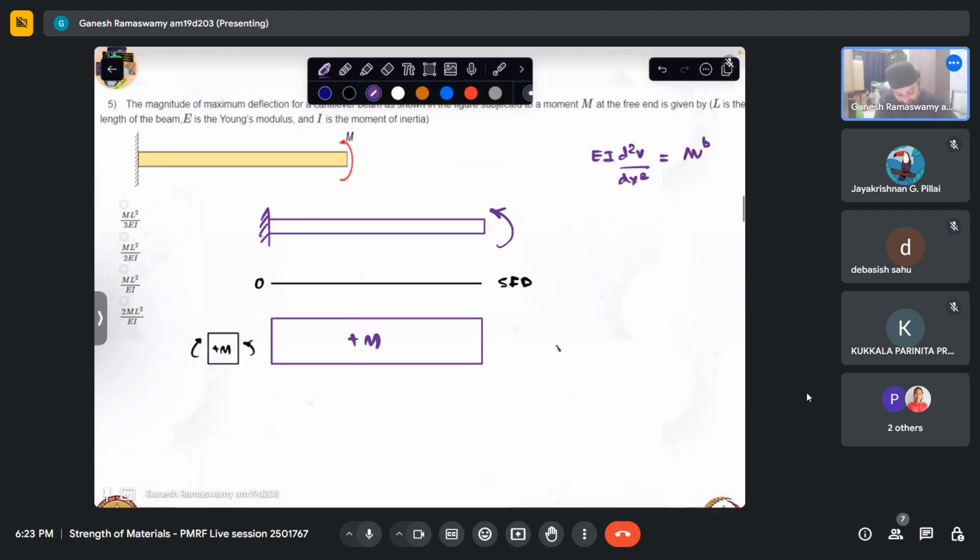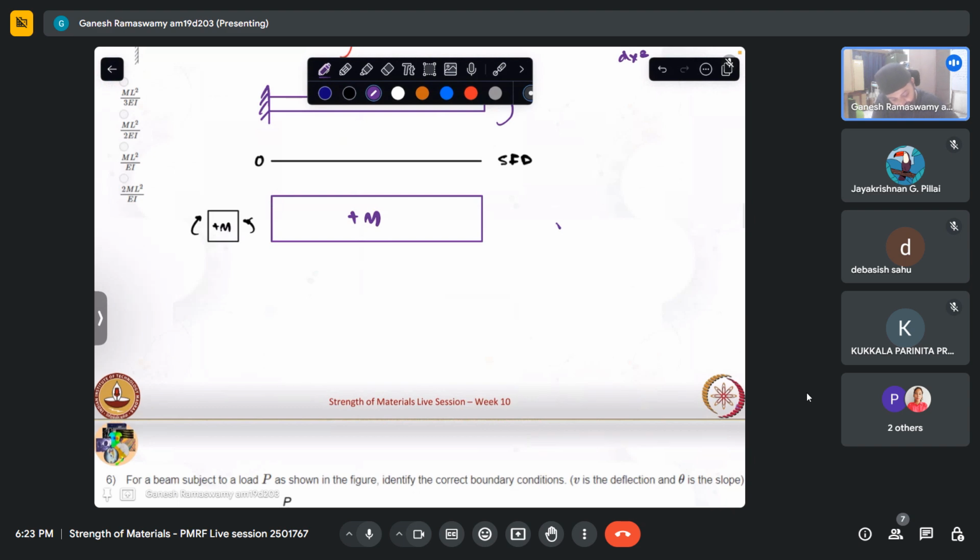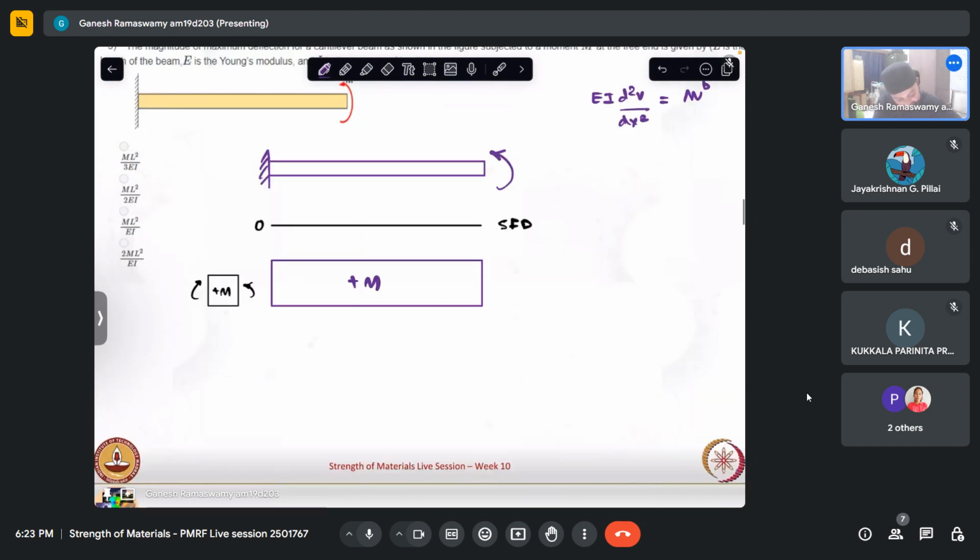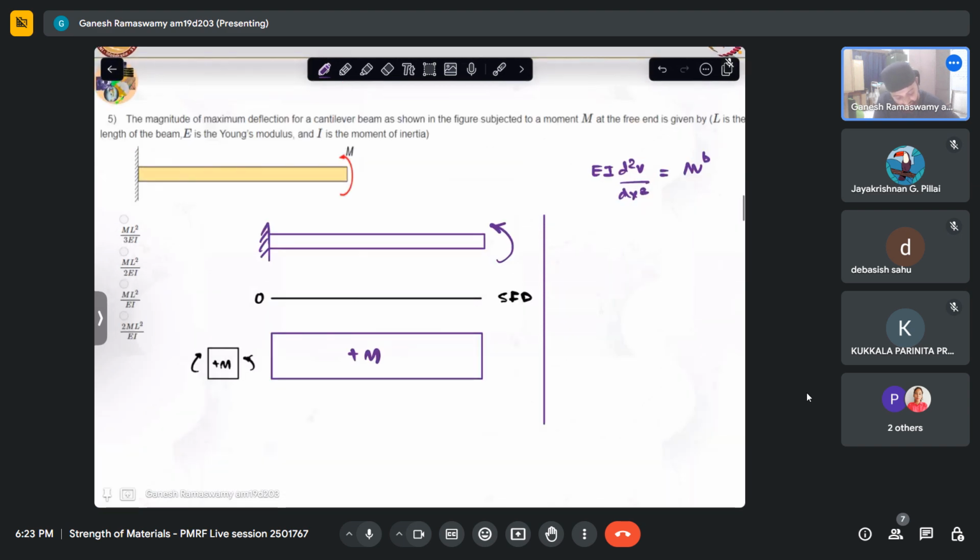Now, if we were to use our moment area method, in this case, what will we generally do? We'll take this here, and then we will integrate it 2 times. Integration is nothing but the evaluation of area under some curve. So that curve happens to be M by EI.